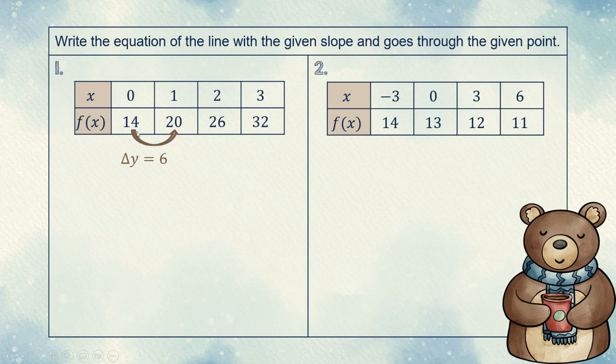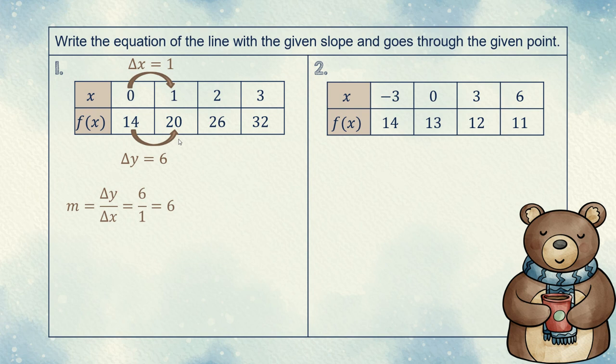We get from 14 to 20 by adding 6, and we put it over our change in x, which in this case is 1. We get from 0 to 1 by adding 1. So our slope is change in y over change in x, which is 6 over 1, which is 6.